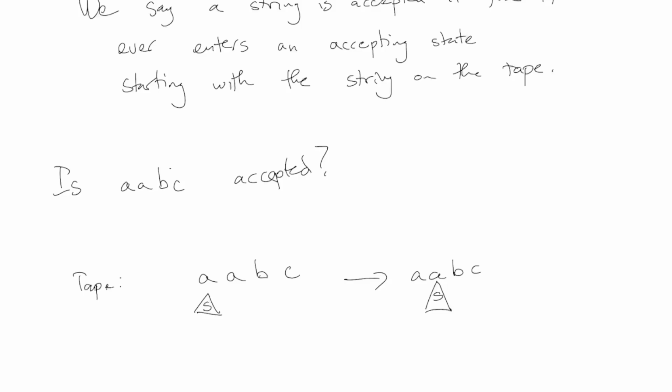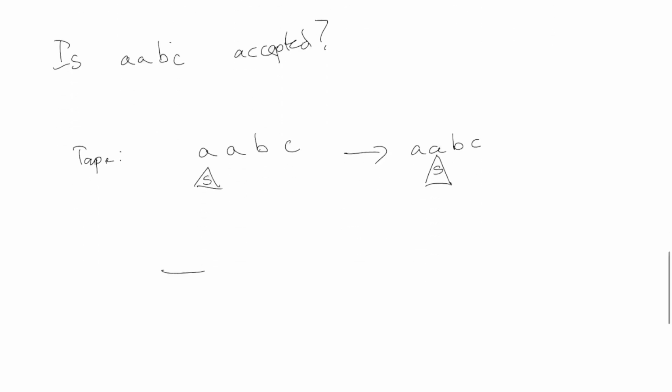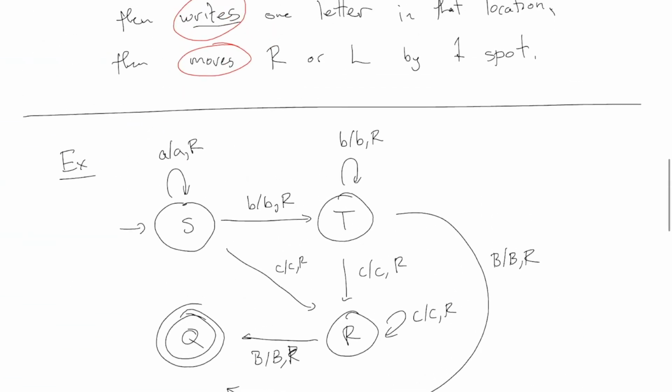All right, and let's follow the rest of the arrows. My next arrow from S, I am reading A again. I'm actually going to do the same thing. It will stay in state S and move to the right by one position. So now it will say A, A, B, C, still in state S, looking at the B. Next on the diagram, in state S, when I read B, I have to follow this arrow.